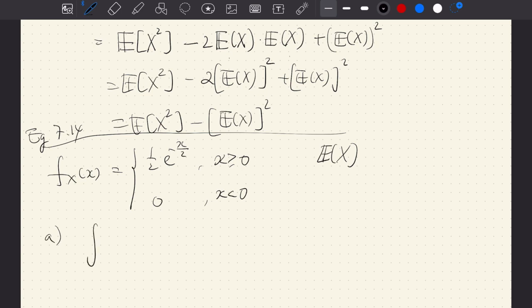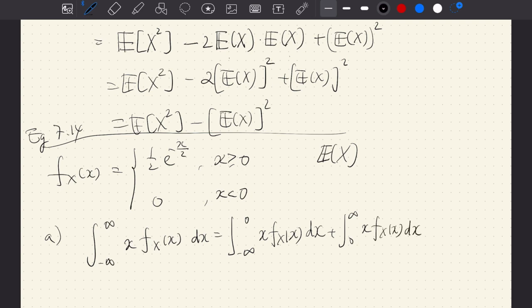You integrate from negative infinity to positive infinity x times f_X(x), which is the probability density function for x. Like before, we can split this integral into two: from negative infinity to 0 and from 0 to infinity.